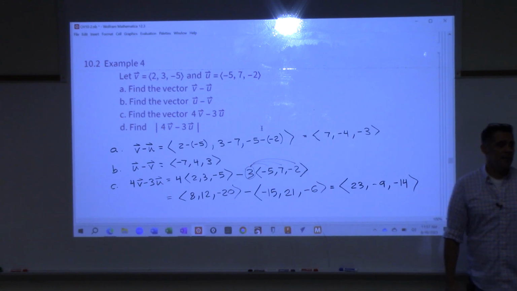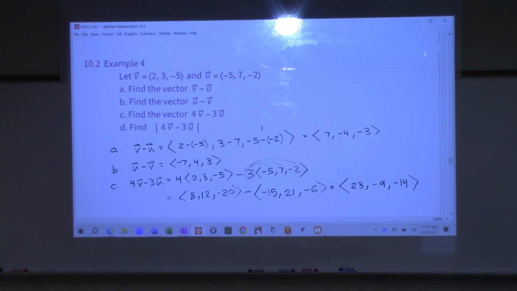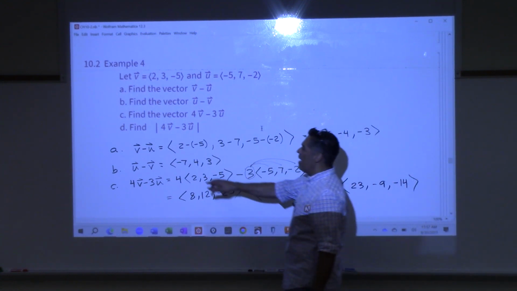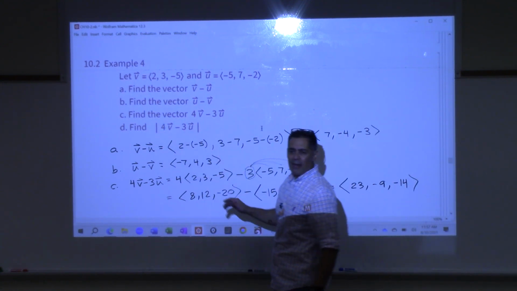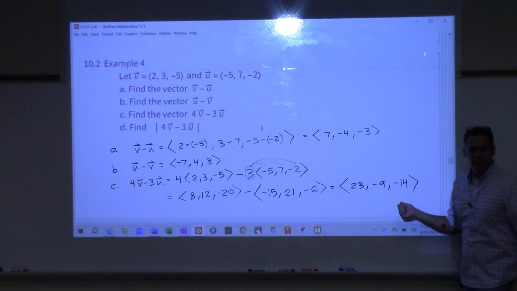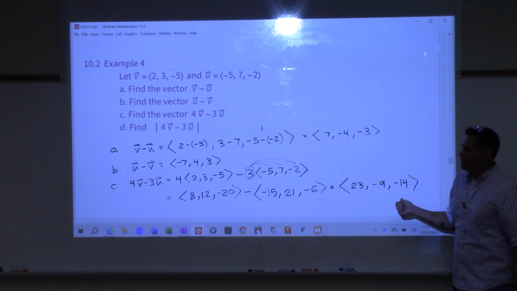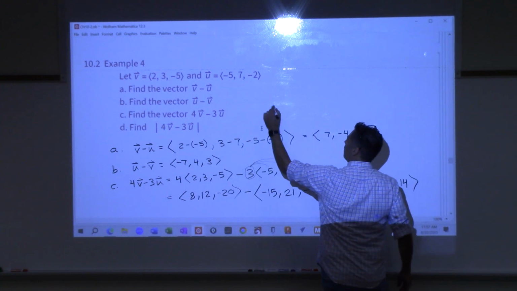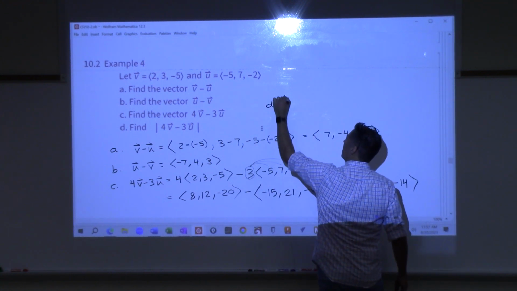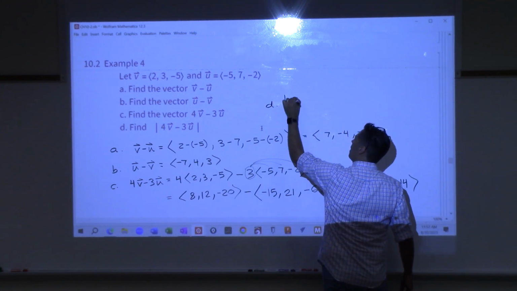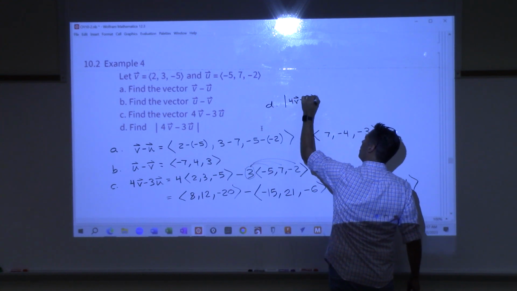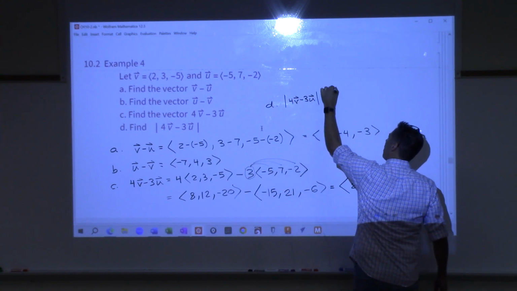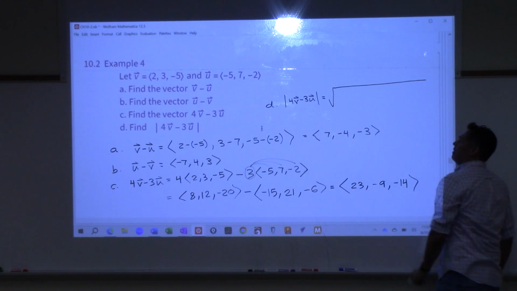Now part D, and this is where you get your calculator out. Because for part D, we want the magnitude of the vector we just got. And so by definition, the magnitude of 4v minus 3u will be the square root of what?